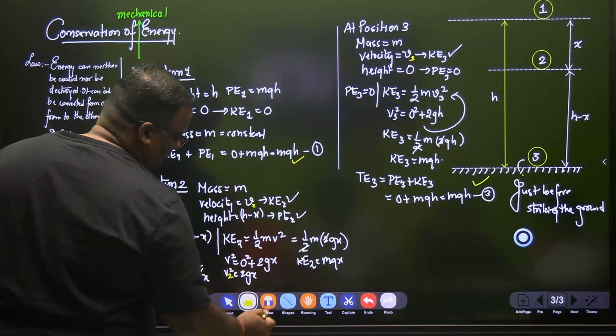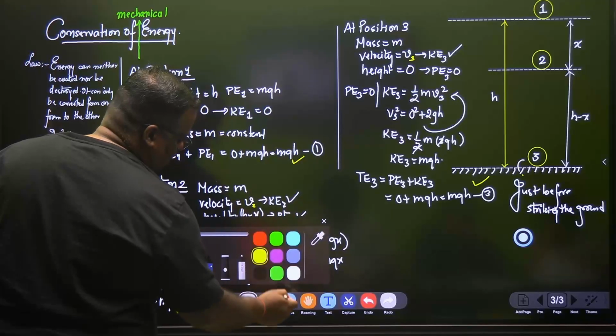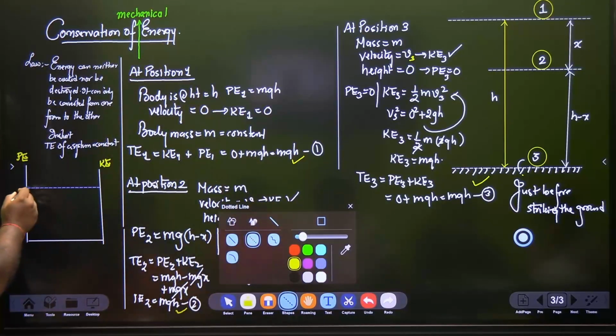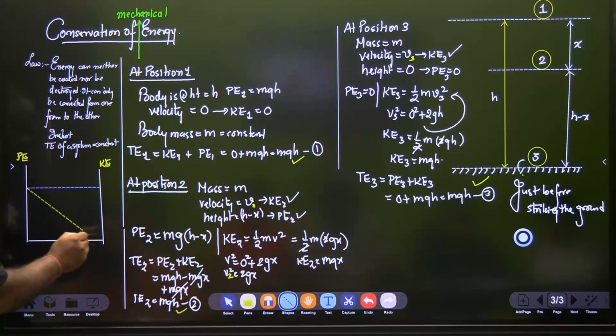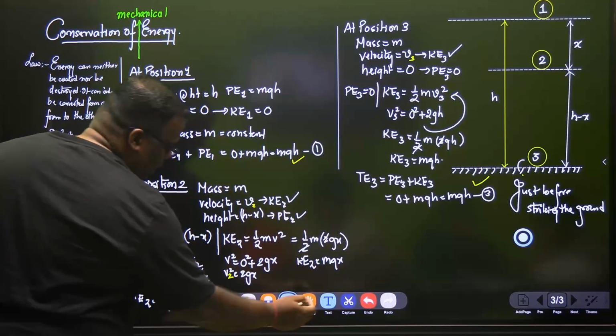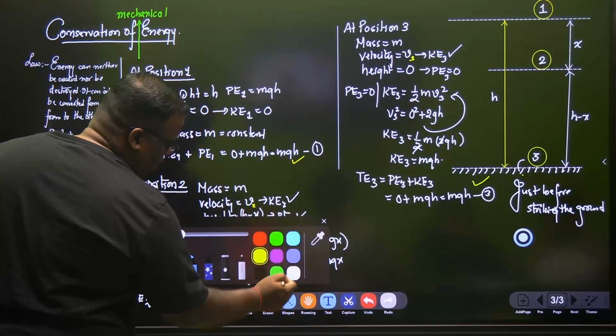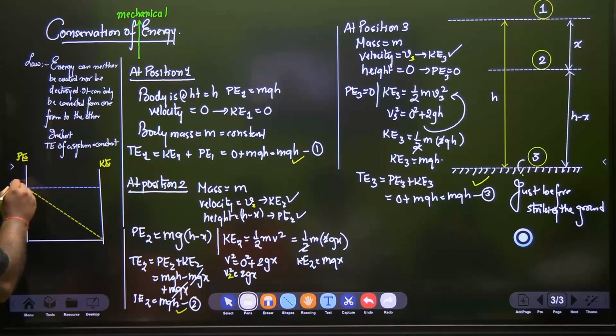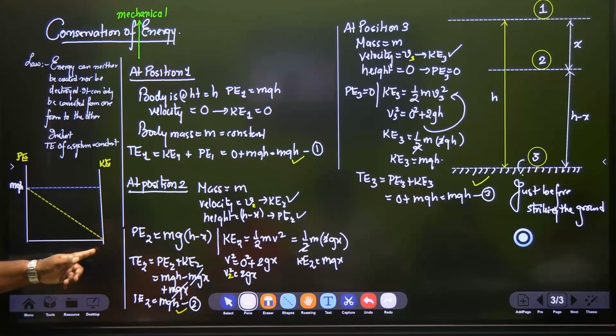Now, as you are traveling from top to bottom, your PE is coming down. As you are traveling this distance, your PE from here has come down. What was our total energy? Our total energy was mgh. So your PE from mgh has come down to 0, right?